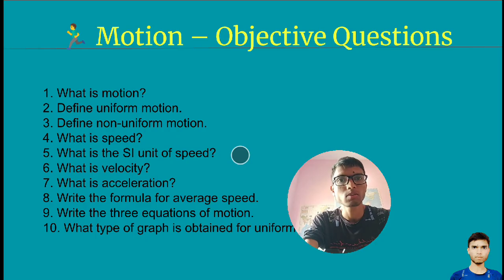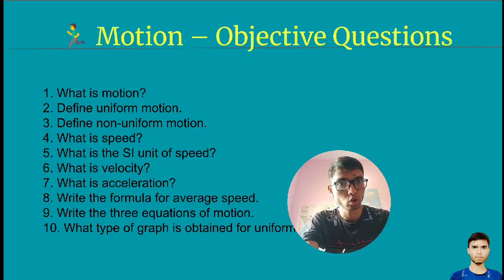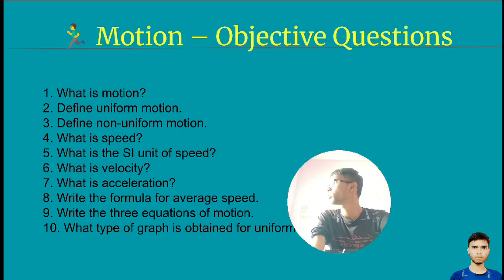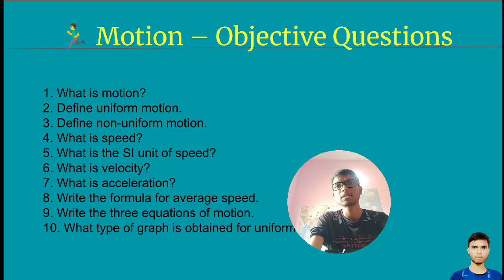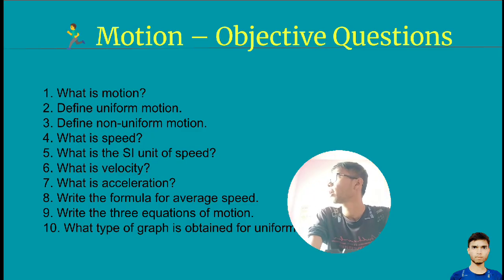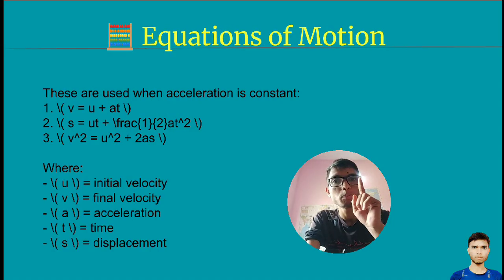Now next is write the three equations of motion. As we saw, v is equal to u plus at, where v is the final velocity, u is the initial velocity, a is acceleration, t is time, s is displacement.